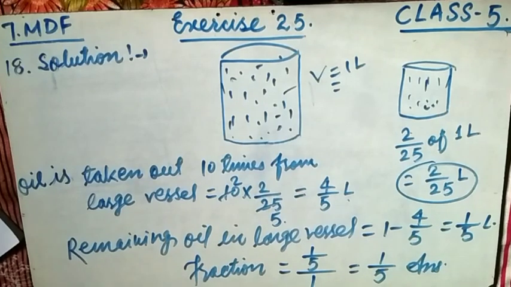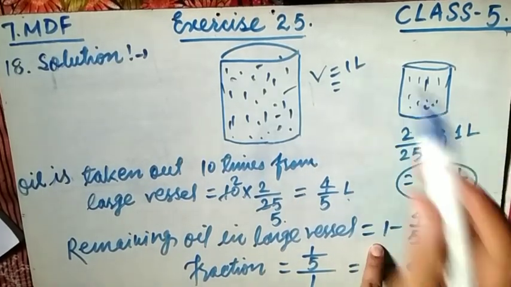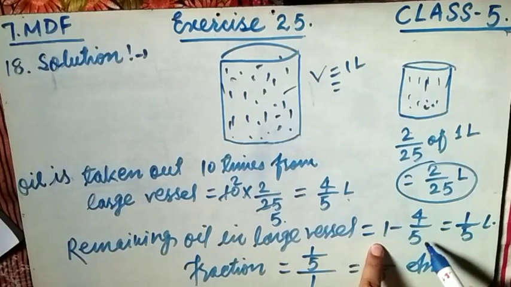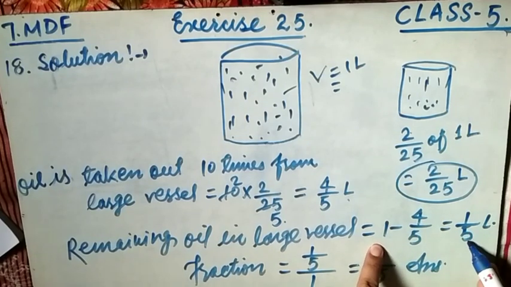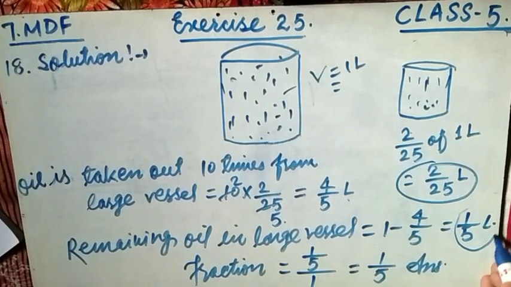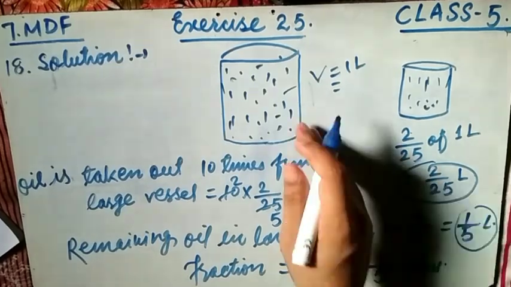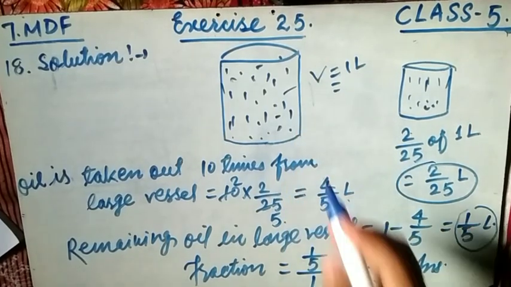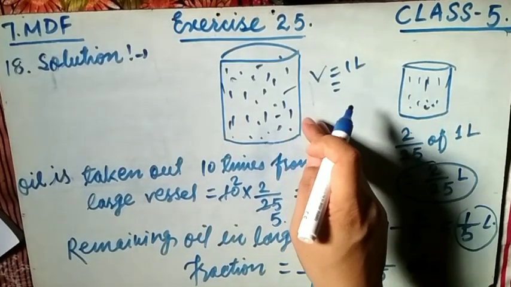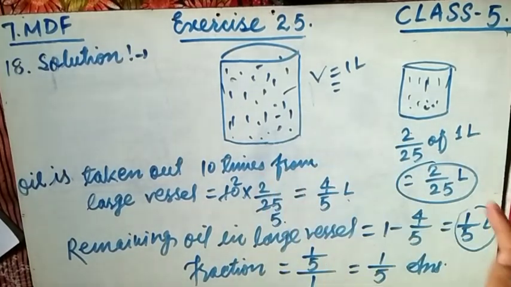Now for the remaining oil in the large vessel, we have to subtract this fraction from 1. So 1 minus 4 by 5 liter means 1 by 5. So 1 by 5 liter is contained in this vessel at the end. Eventually this large vessel contains 1/5 liter of oil.